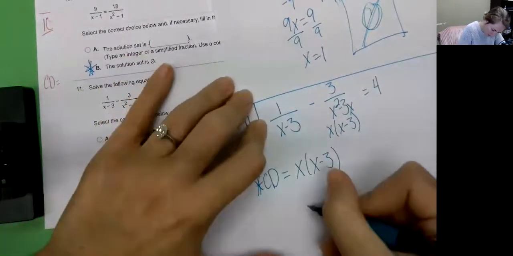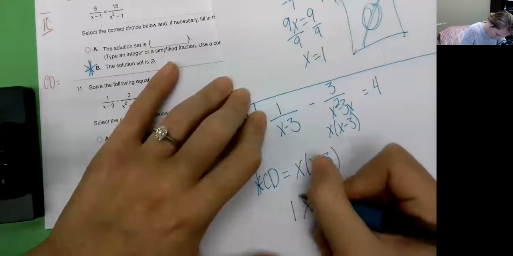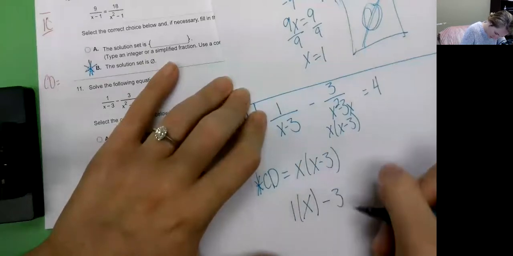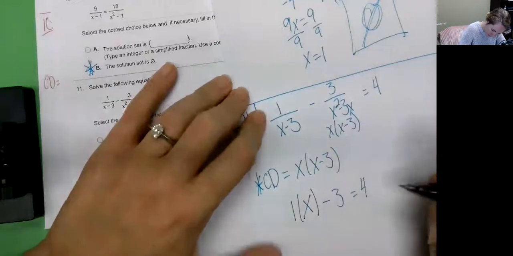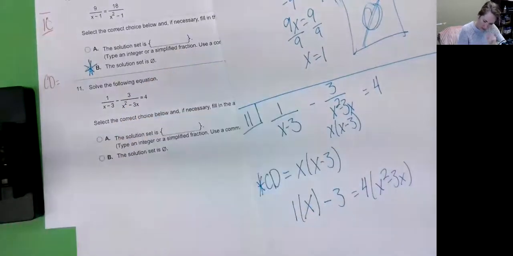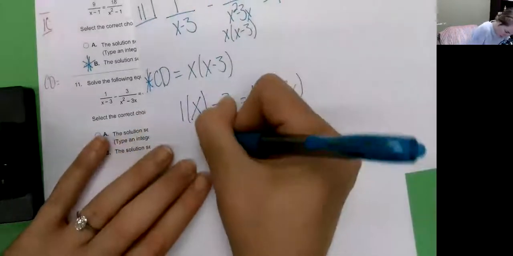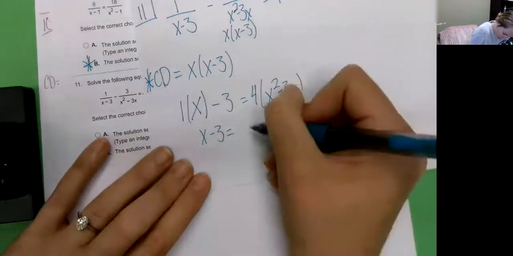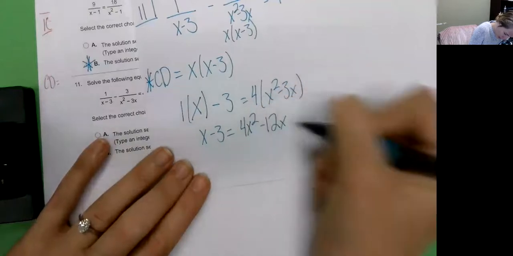So this one we'd have 1 times x subtract 3, and it's already over the common denominator, equals 4. And I'm going to leave it like this on this one, x squared subtract 3x. Okay. So x subtract 3 equals 4x squared subtract 12x.